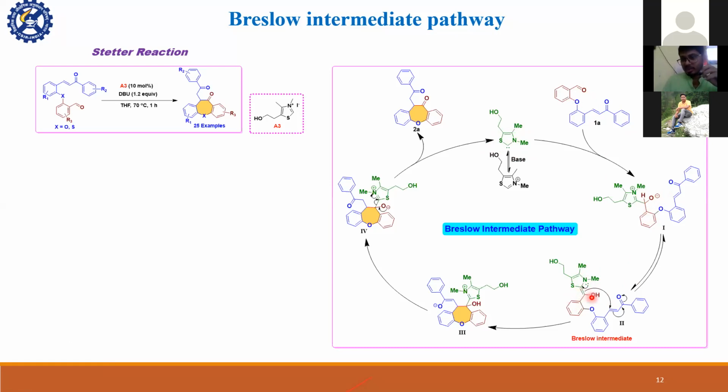This is known as the Breslow intermediate, and this is nucleophilic in nature due to this electron pair of nitrogen moving here, and this pi bond shifts to here like a Michael addition reaction. And then again this proton is abstracted by the anion, and again an anion is generated here, and this anion undergoes removal of this catalyst, followed by generation of our products.